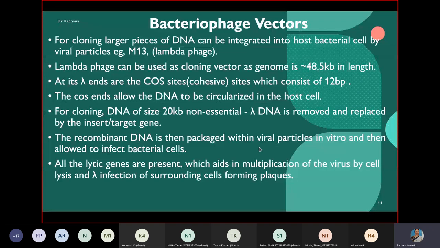And remember, all these manipulation techniques do not occur in vivo, in nature. This is not a natural process. It is done in the lab. Once the viral heads are packaged with the target DNA, they need to infect bacterial cells. As I just mentioned, when such virus particles infect the bacterial cells, they will liberate progeny phages carrying the target gene.